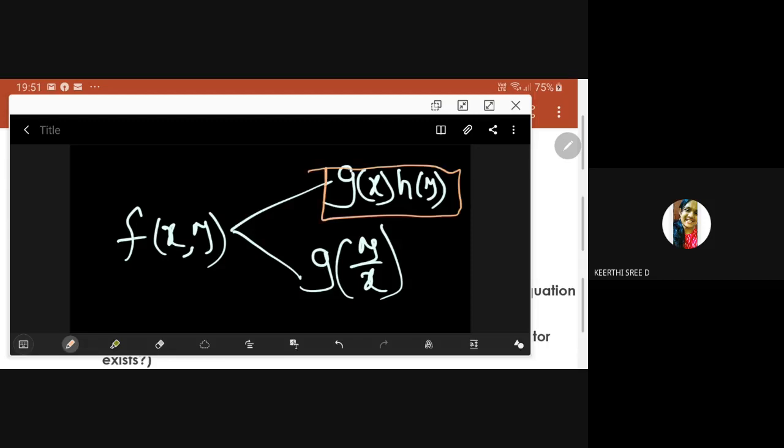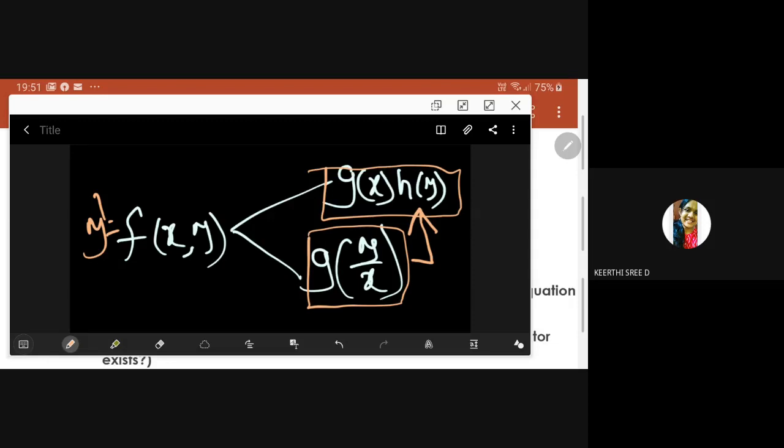Solving the differential equation is very easy, because you have y dash equal to f of x y. That is called a separable equation. But when it is like the other, it is not a separable equation, so we can always convert that into a separable equation. That's what we are saying here.